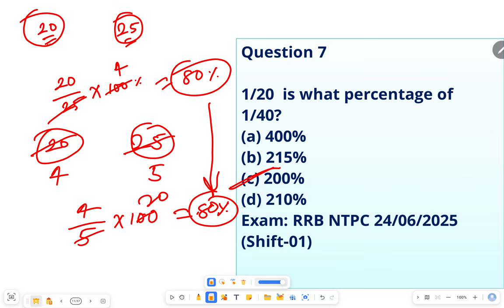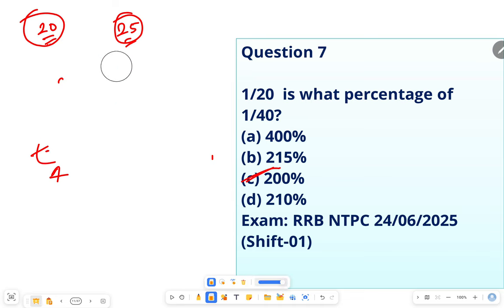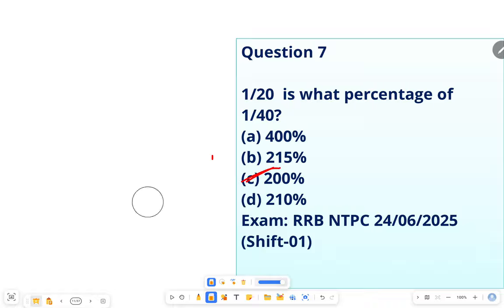So for example, one more example we will see, and after that, one more example we will see, right? And that is, for example, we have here 2000 and we have here 2500.